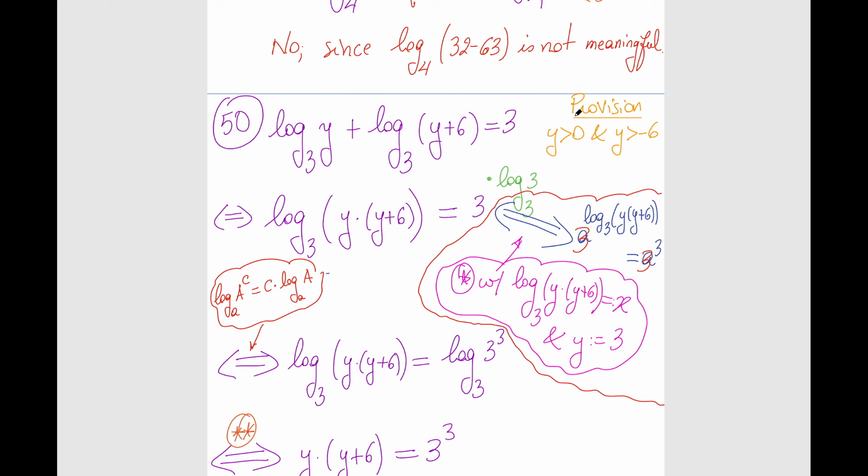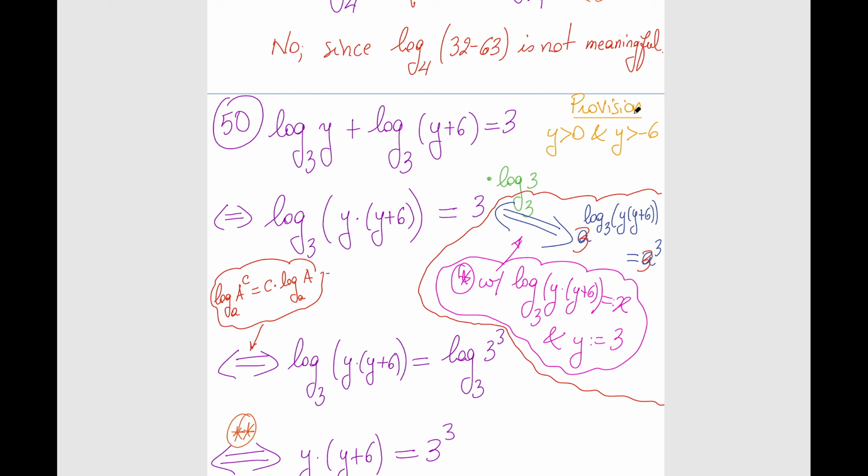So the provision of the question is an implicit condition. They're telling you already that y should be a positive number and y should be a number bigger than negative 6. For this guy to exist, y should be bigger than negative 6, and for this guy to exist, y should be bigger than 0. Correct?